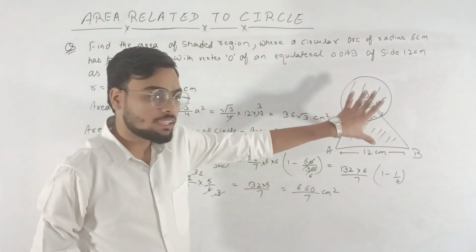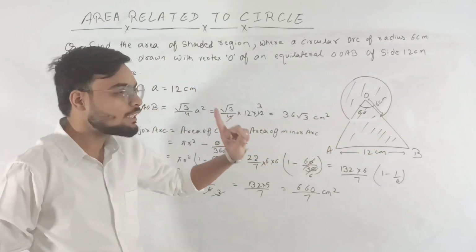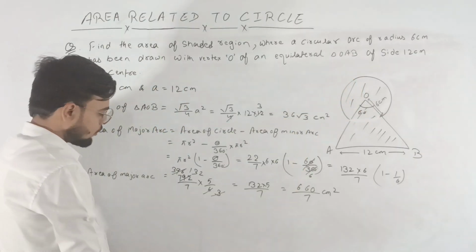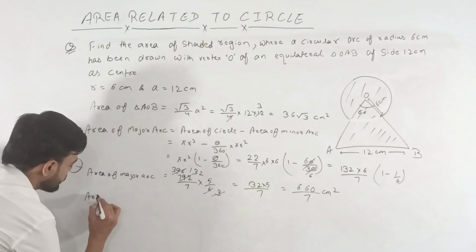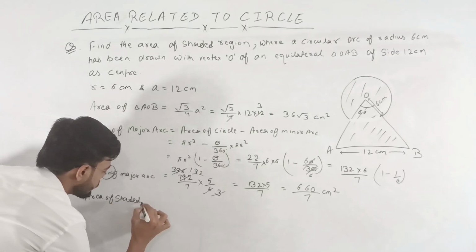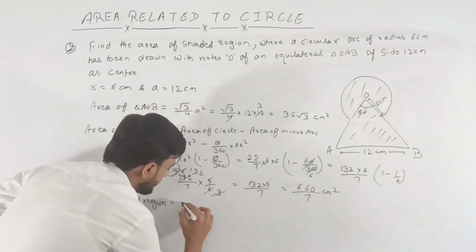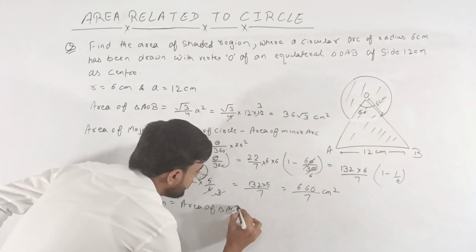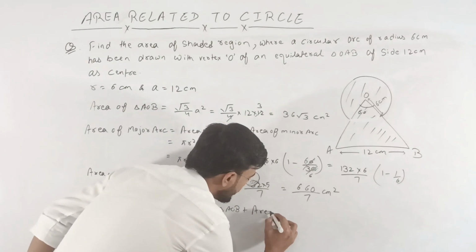Now, we don't have to find only the area of the major arc. We have to find the area of the shaded region. Okay. So the area of the shaded region is area of triangle plus area of major arc. So I solve it here. Area of the shaded region is what? Area of triangle AOB plus area of major arc.